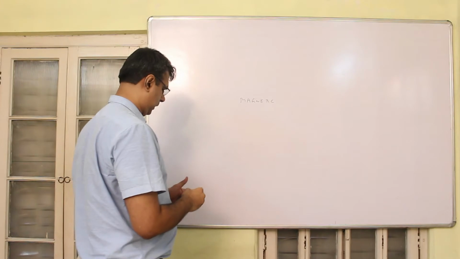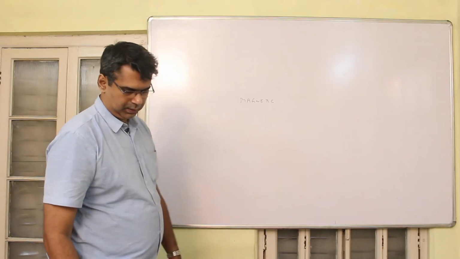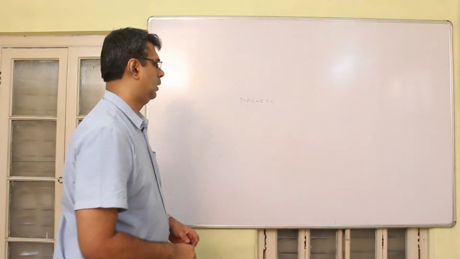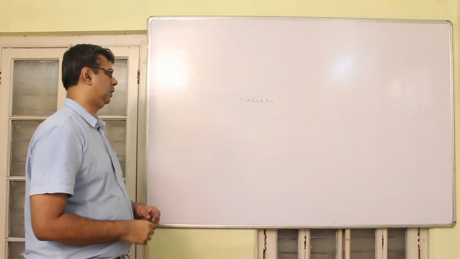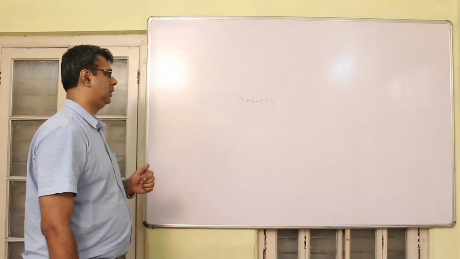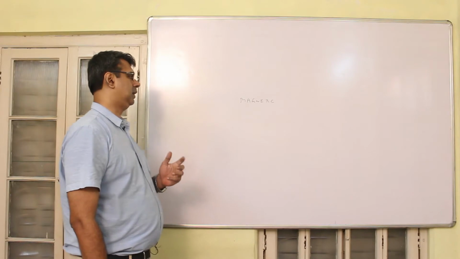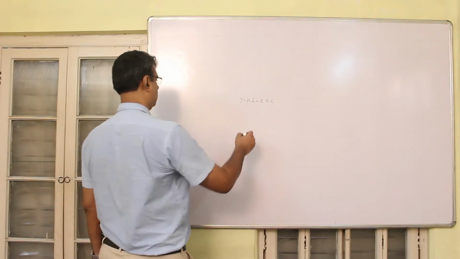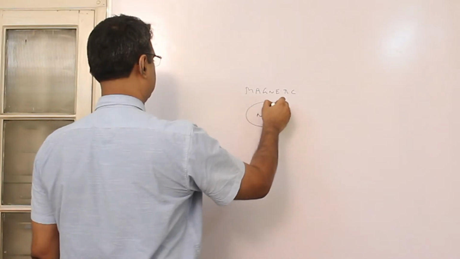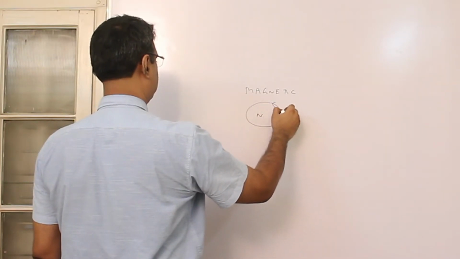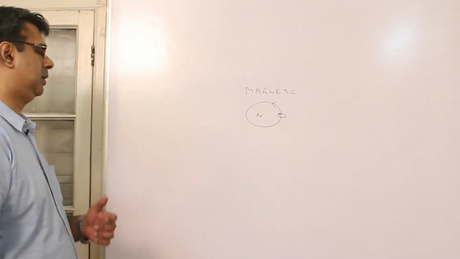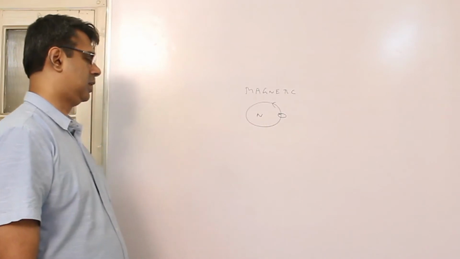Now we move on to the next topic, magnetic properties of semiconductors. First of all, let's understand that an electron in motion is basically a charge in motion. An electron revolves around the nucleus and also spins on its axis, somewhat like the motion of the earth around the sun.